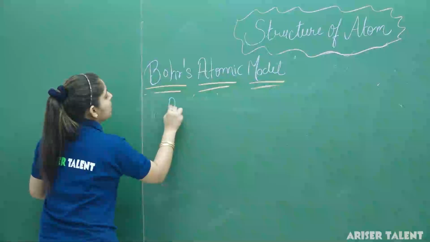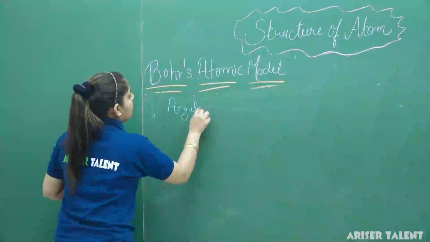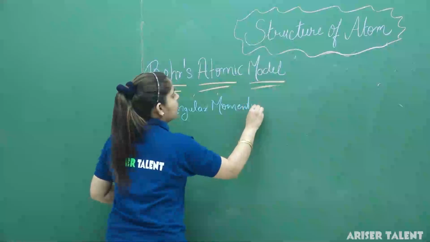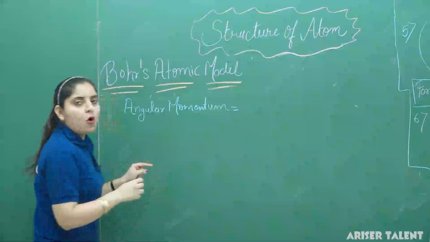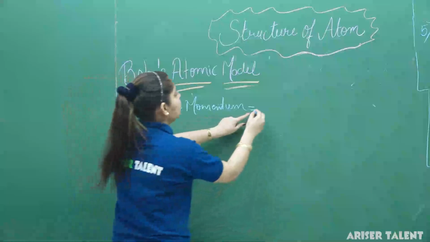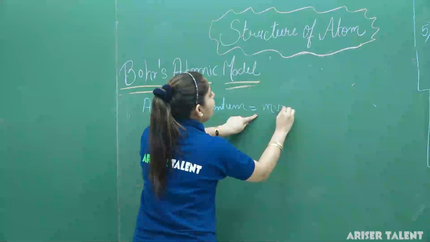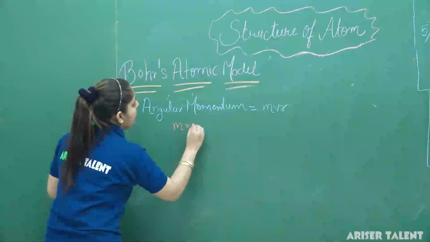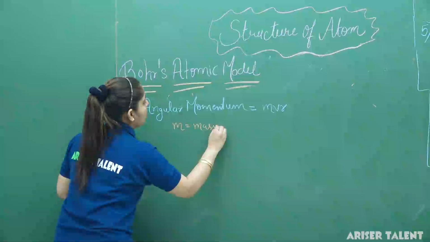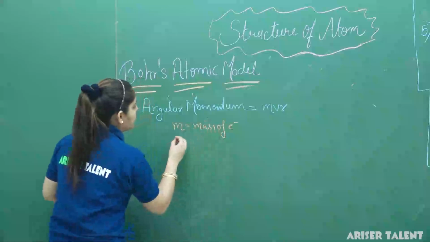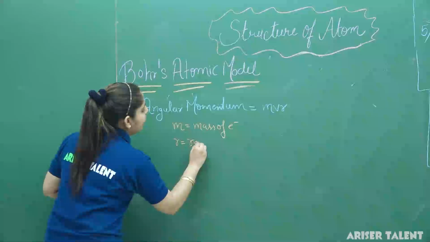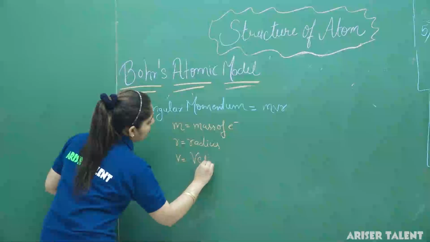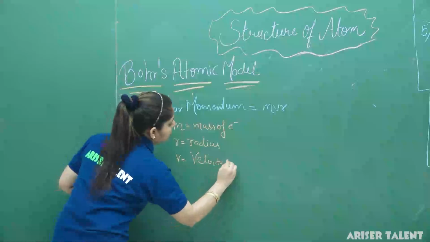Angular momentum is a multiplication of mass, velocity and radius, and the formula for angular momentum is mvr. Here m is the mass of the electron, r is the radius and v is the velocity of the electron.